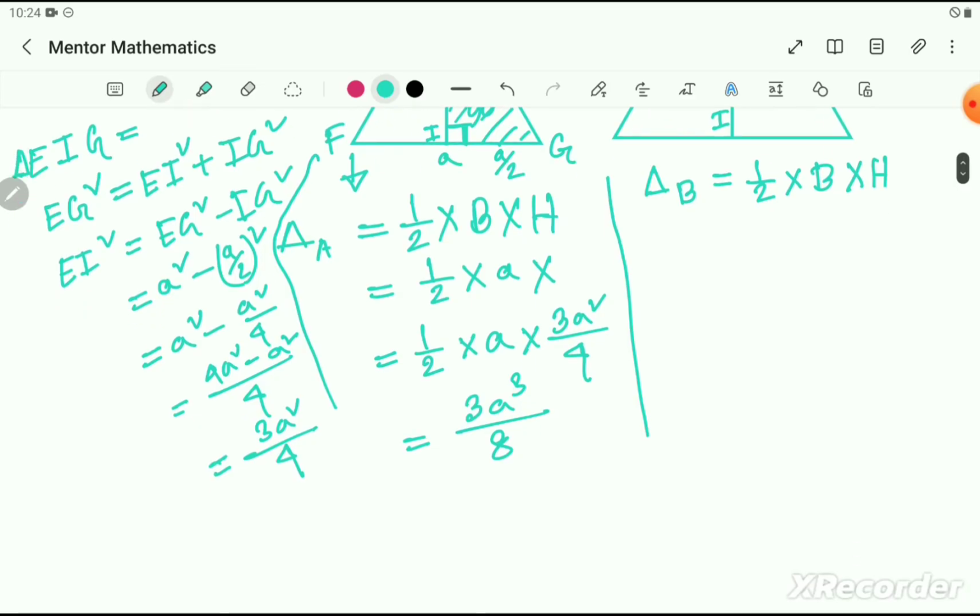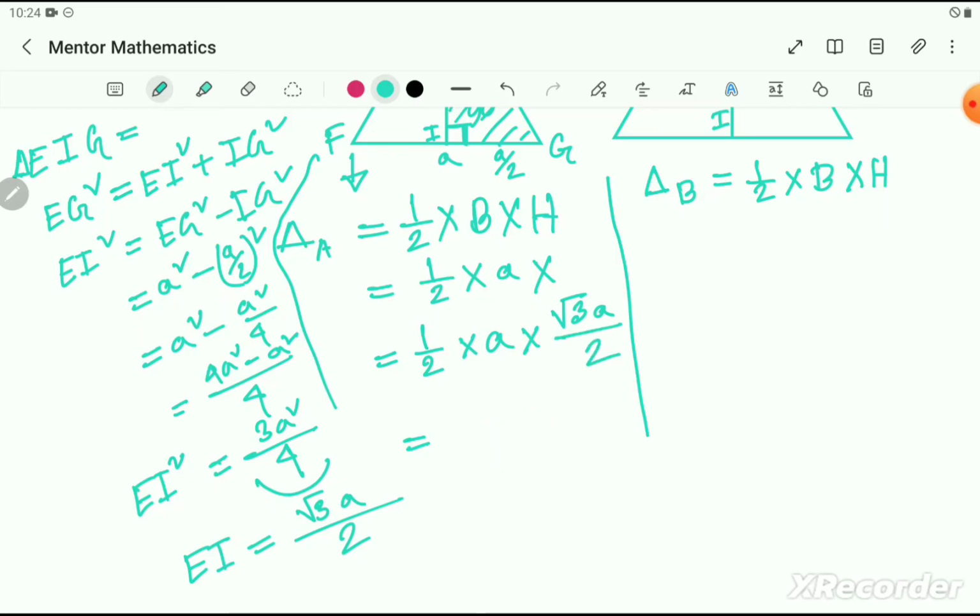I'm sorry, actually there is a mistake. EI squared is equal to this value, so EI equals root 3 a divided by 2. That means the distance of height is root 3 a divided by 2. Therefore it becomes root 3 a squared divided by 4.